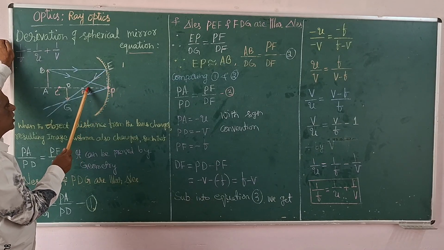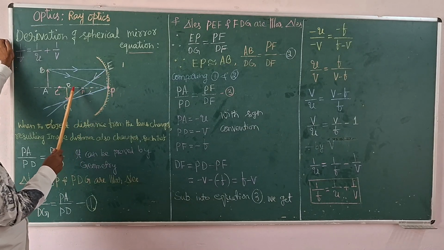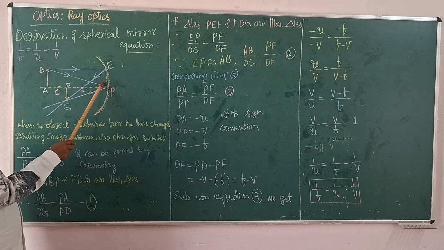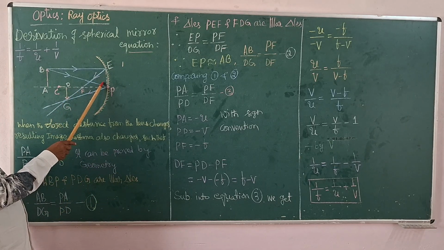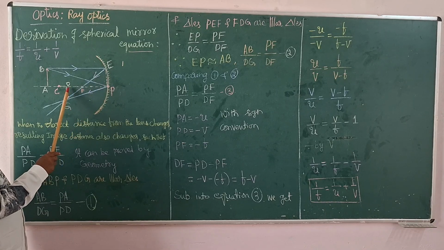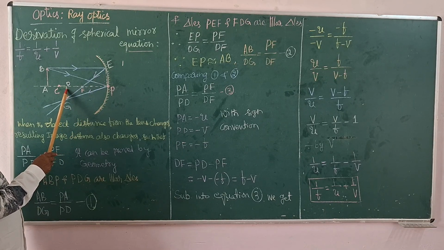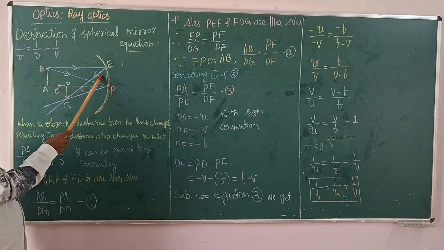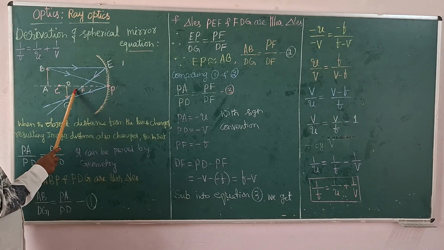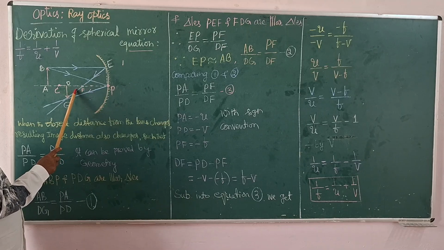This is one triangle. This is another triangle. These two triangles are similar triangles. Since the angle is 90 degrees, this angle is 90 degrees. And in this triangle, this angle equals this angle because they are opposite angles.